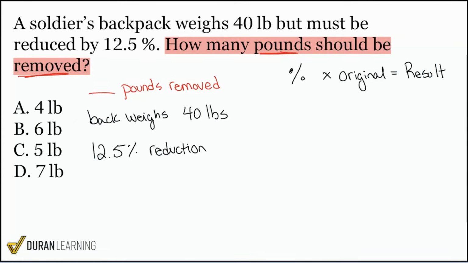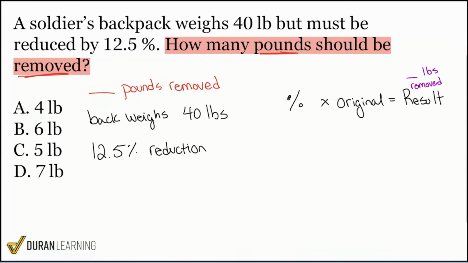Let's get a little deeper here. We want to find what? The number of pounds that we are removing. So let's write that down right here. I want the blank pounds removed. Everybody, let's take a look at that percentage that we were given. Does that percentage represent removing? Yes, it does.